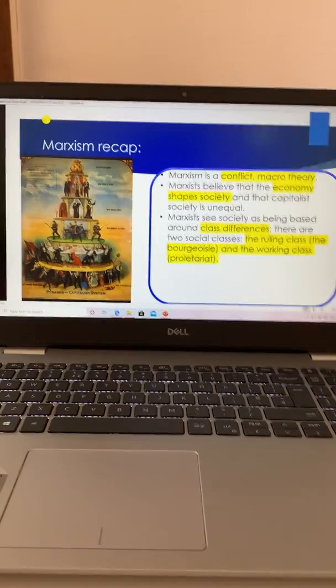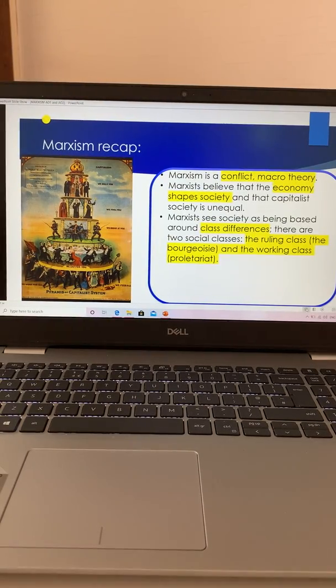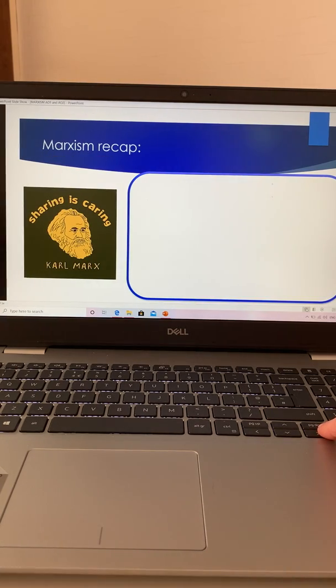So the economy shapes society. Capitalist society is incredibly unequal with these class differences between the bourgeoisie and the proletariat. So they're exploiting them, they're brainwashing them, they're giving them cheap labour, making them work harder for basically no money so that they benefit. So the rich get richer, the poor get poorer.